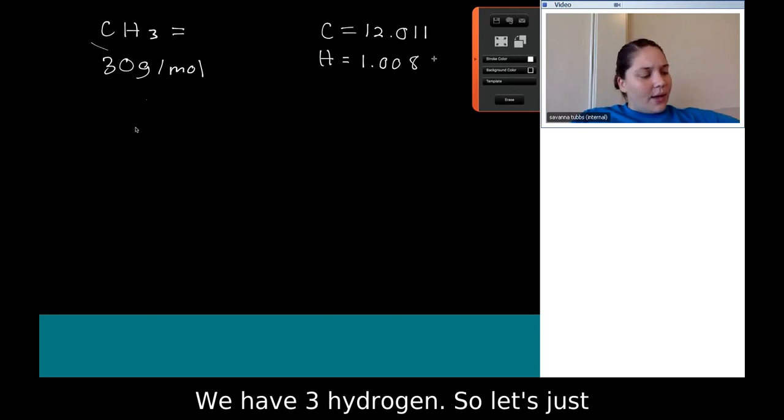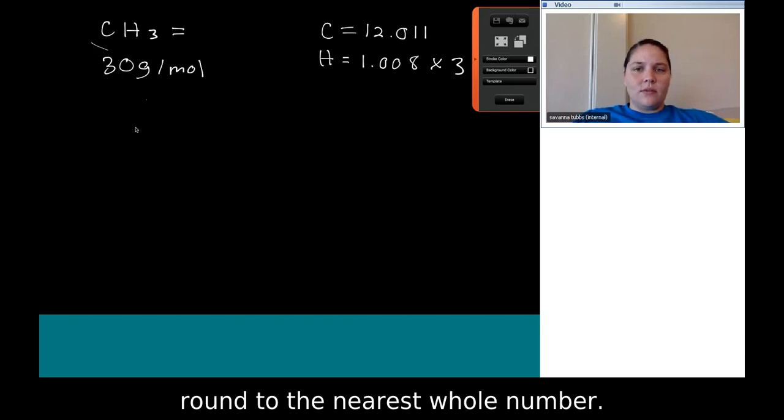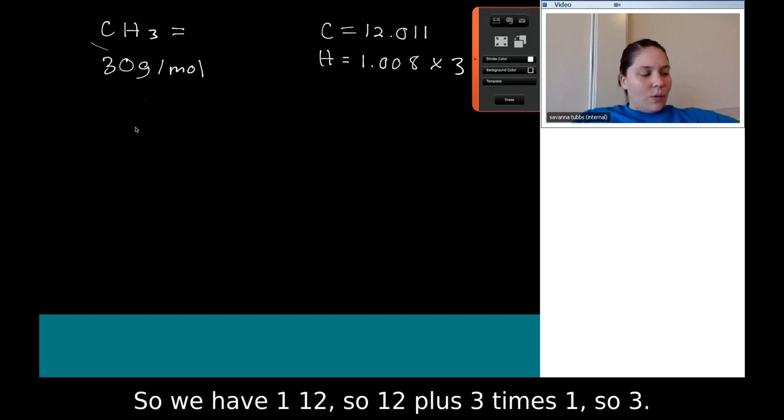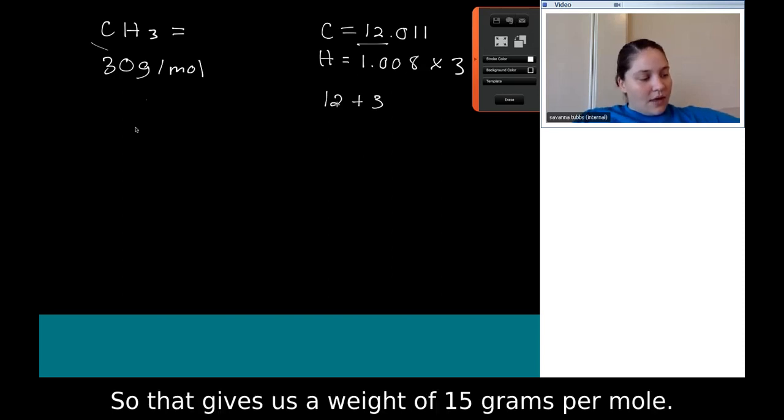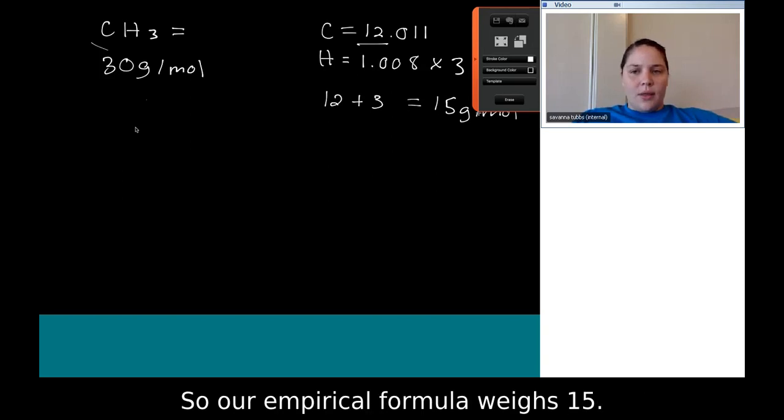We have 3 hydrogen. So let's just round to the nearest whole number. So we have 12, so 12 plus 3 times 1, so 3. So that gives us a weight of 15 grams per mole. So our empirical formula weighs 15.